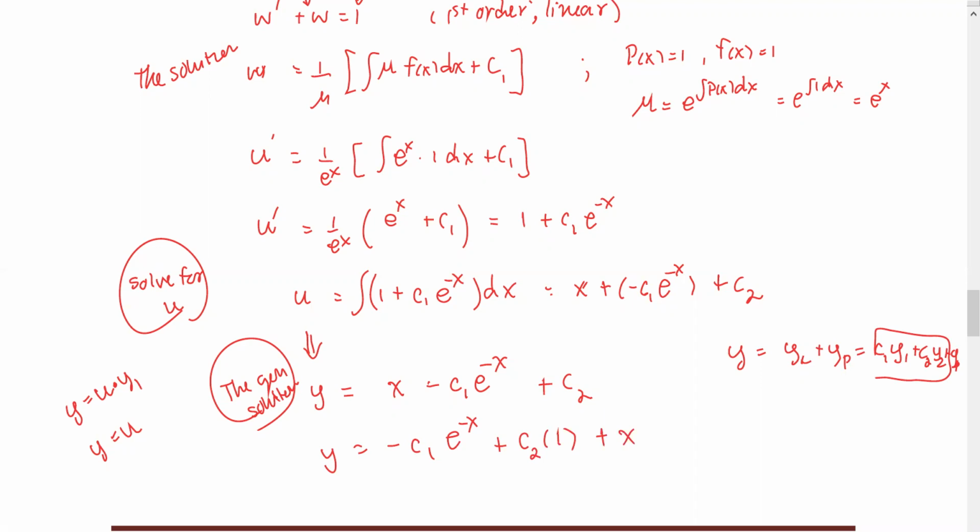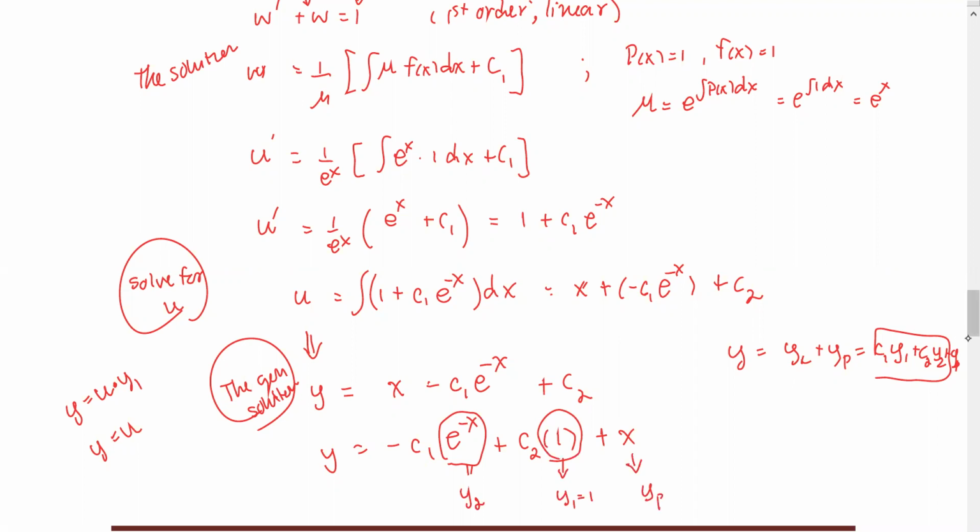The terms that contain the constants c1 and c2 are the solution of the associated homogeneous equation. From the given information, y1 equals 1, therefore the second solution of the associated homogeneous equation is e to the negative x, and x is the particular solution.